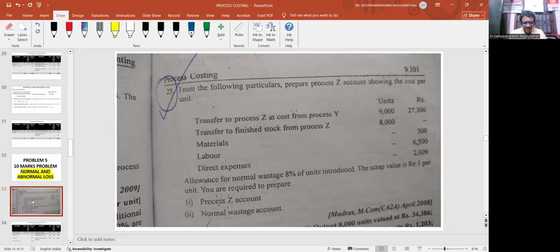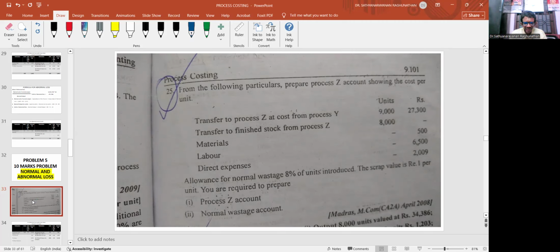Materials 500 rupees value. Labor 6,500 value, and then direct expenses 2,009 value. So units and all have become nil. Allowance for normal wastage 8% of units introduced, and the scrap value is rupee 1 per unit.